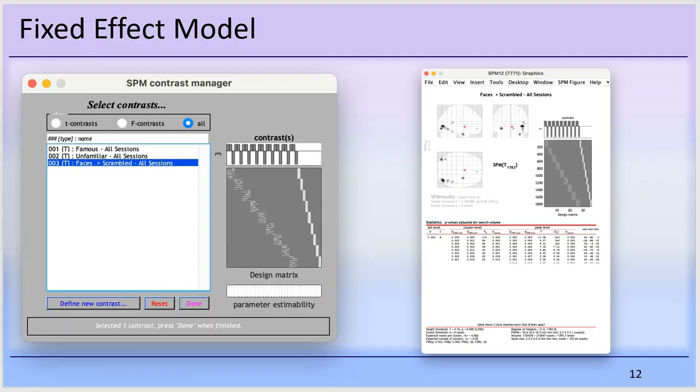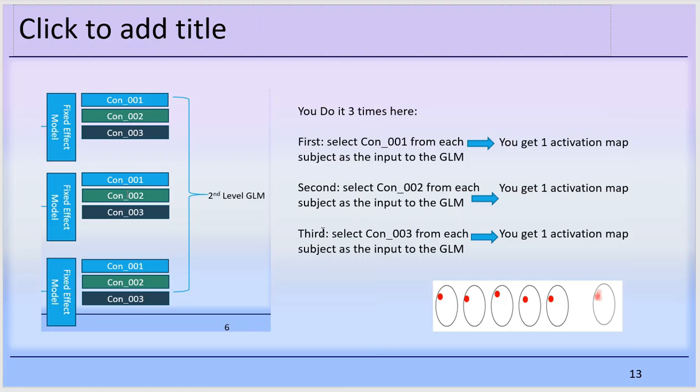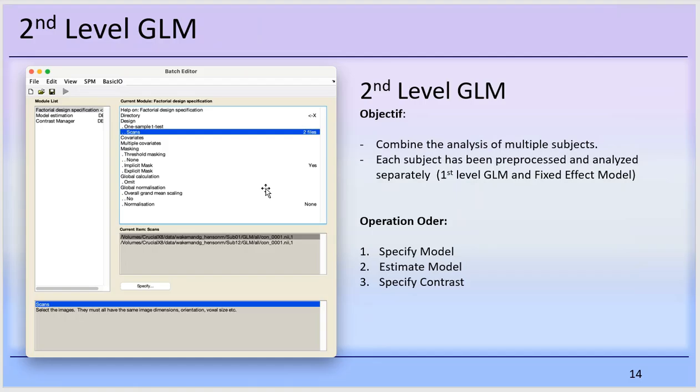That's it. Now let's move to the second level analysis. Again, we have 3 modules here. We're going to specify the model, estimate the model, and specify the contrast. The same story we had.